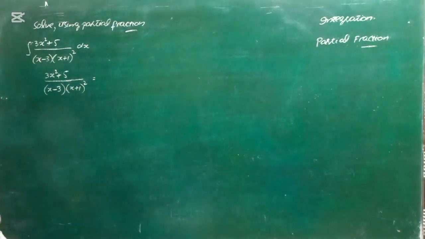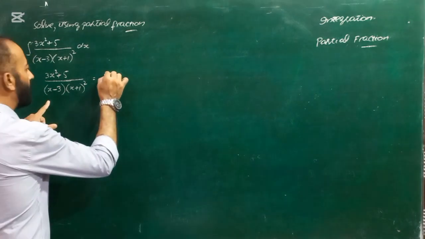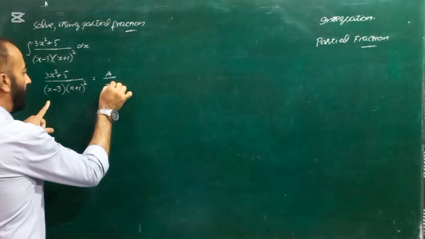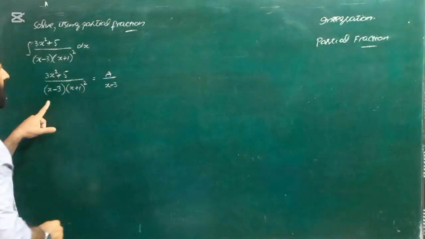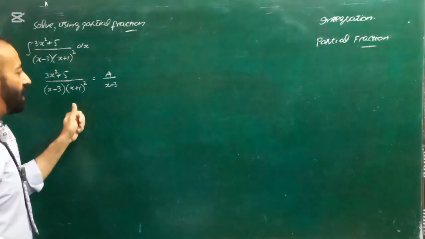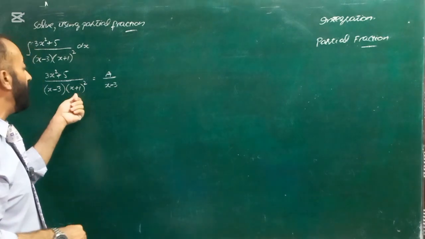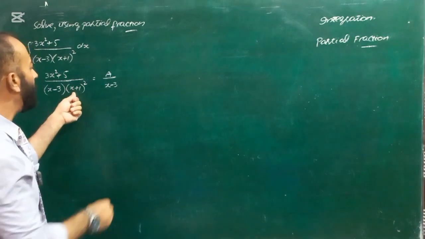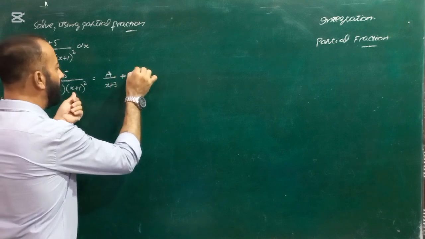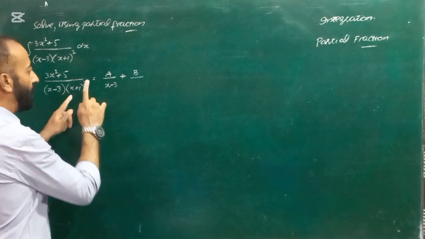So the method to solve this kind of question is, first write A over x minus 3, the bracket which has a linear equation and power 1. But now be careful. This is the bracket which has power 2 with a linear equation. Because of the linear equation, a single alphabet will be written, that is B, over the bracket with power 1.